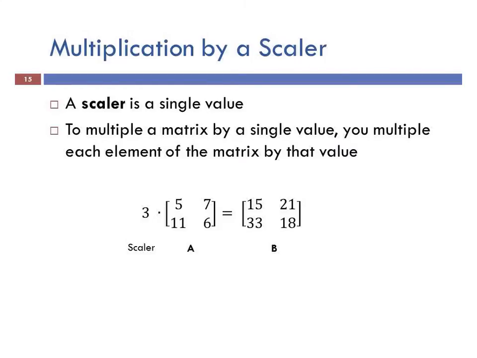I'll first multiply 3 by 5, and that will get me 15. If I multiply 3 by 6, that's going to result in 18. You would also do 3 by 7 to get 21, and 3 by 11 to get 33. So you multiply each of the 4 elements by that scalar, and that results in the B matrix that we have here.